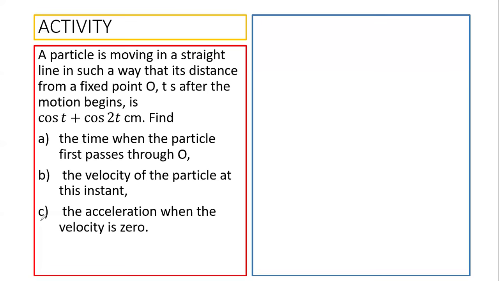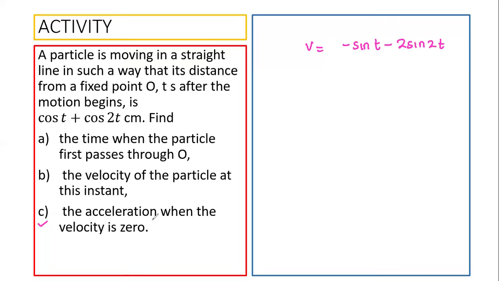Now, part 3. They ask us for the acceleration when the velocity is 0. Now, we have obtained our velocity. Our velocity was negative sine t minus 2 sine 2t. But they have told us: what is the acceleration when the velocity is 0?